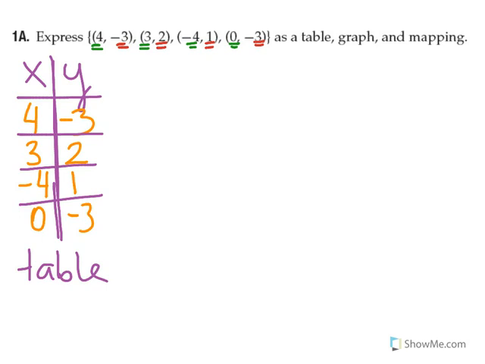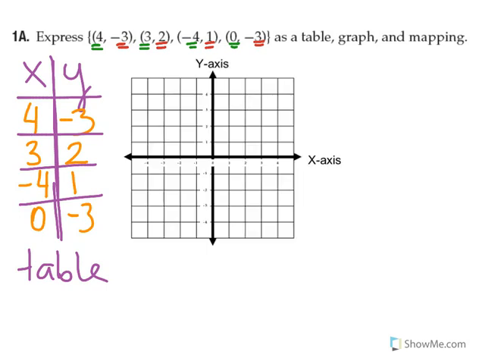Now I'm going to draw a graph of this relation. I can use the table to plot the ordered pairs. So it is 4 to minus 3, this is the intersection.